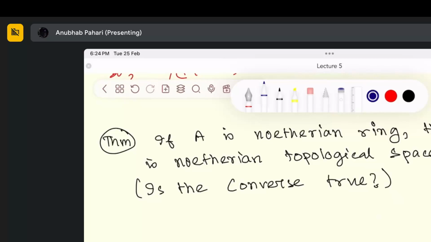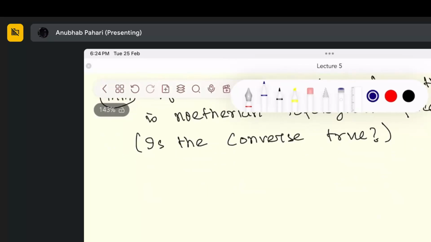That is, an increasing chain of open subsets always stabilizes, that is, is finite, or equivalently the maximal condition.